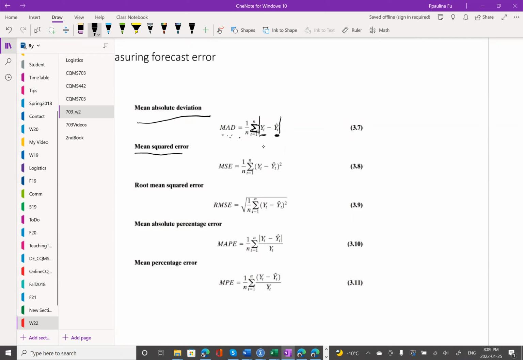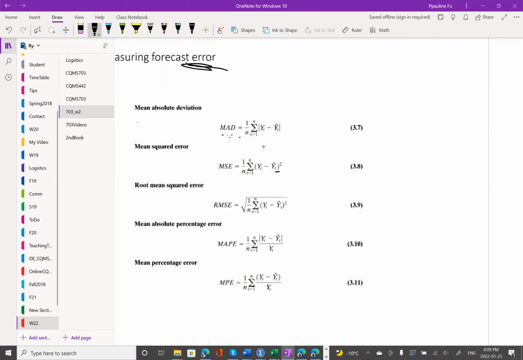Then you have the mean square error. Use the original number minus the predicted number, squared. Add them all and divide by n, etc. So those are the criteria for error.